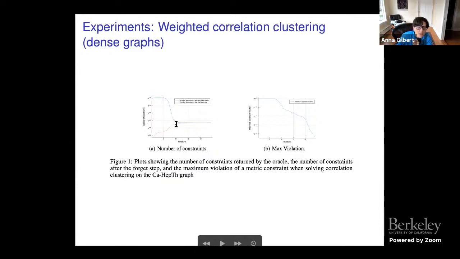So, after about 10 iterations, project and forget has settled on the number of constraints that are needed to get to the optimal solution. It starts out with a whole bunch of them, and pretty soon forgets all of them. And so, on average, this makes for kind of high memory usage, but you do get this kind of performance. You can also see that the maximum violation of the metric constraints is decreasing as we go, which is as we expected from theoretical analysis.